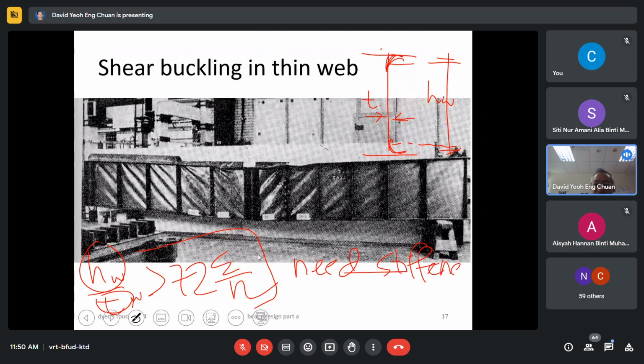If you don't provide stiffener, or you don't provide enough stiffener, this is what's going to happen. What's going to happen is the white color, this folding effect. See this folding effect? Okay, so this is called shear buckling in a thin web.